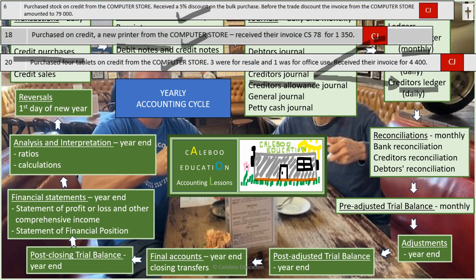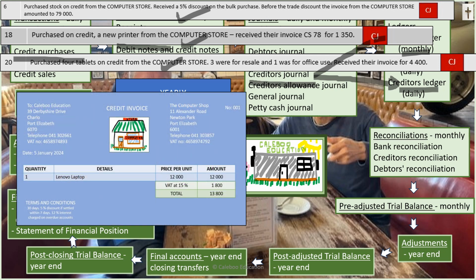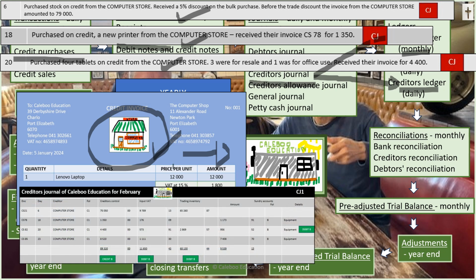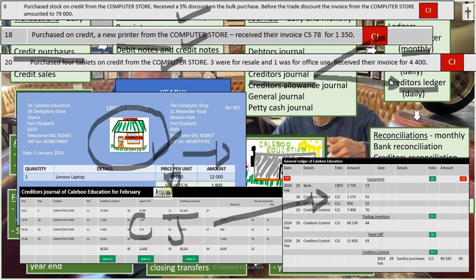Those are examples of transactions. The transactions were documented. We received an invoice from the computer store. These invoices we used to record the information in the creditors journal. And from the creditors journal, where did we post to? The general ledger. So that's how this fits into the bookkeeping cycle.